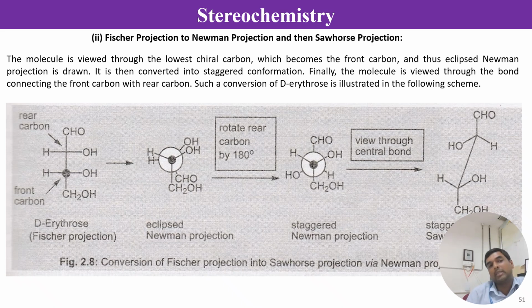Now this is the erythro case. You can see that the functional groups are on the opposite side, with H, OH, CH2OH, and then CHO, OH. Now if you rotate the molecule, OH, hydrogen, then CHO will go up.